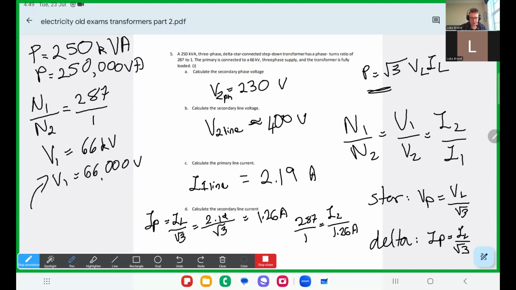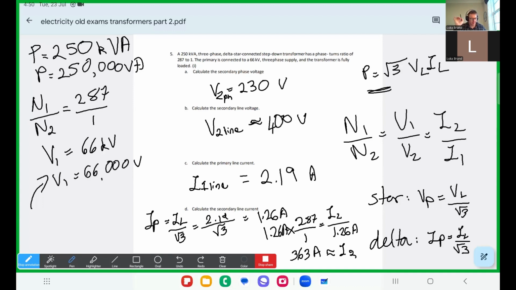Now again, I'm going to do the opposite on the other side, which means I'm going to multiply by 1.26 amps, which should give me 362.88, or approximately 363 amps. All right, we're now going to redo that.